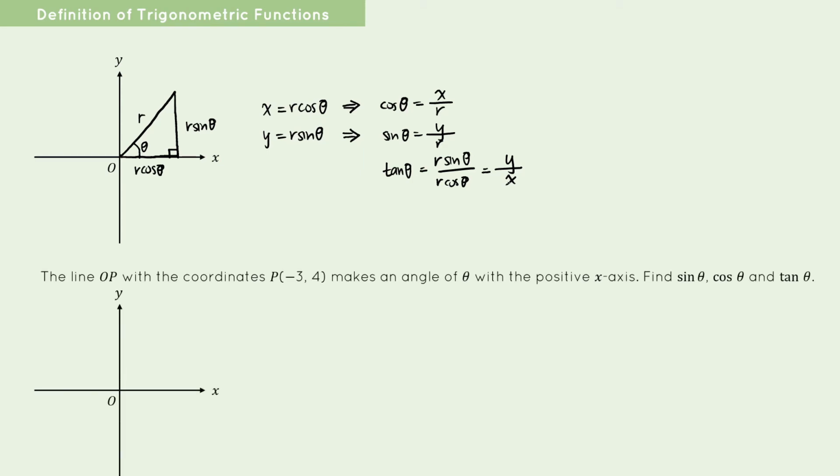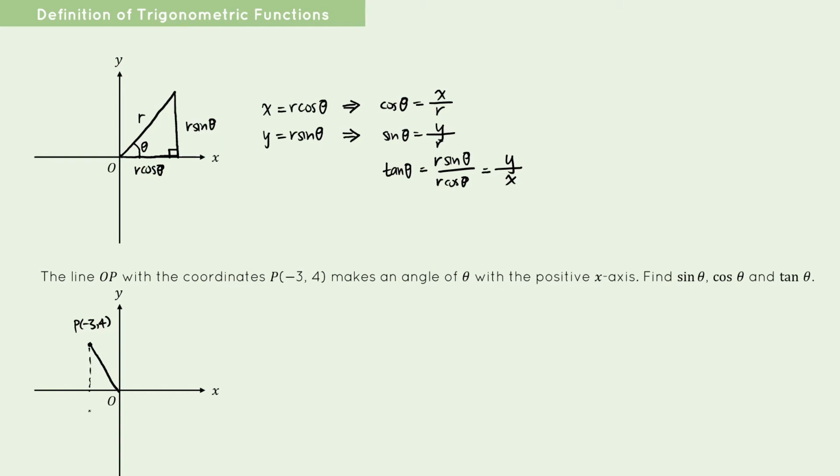Let's say you're given a question: the line OP with the coordinates P(-3, 4) makes an angle of theta with the positive x-axis. Find sine theta, cosine theta, and tangent theta. I'm just going to draw a line. This is P(-3, 4).